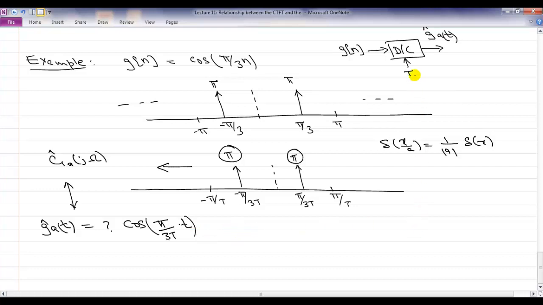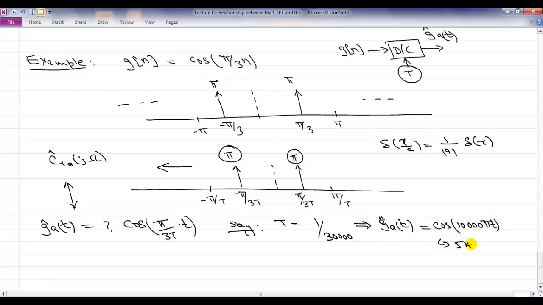Depending upon what t I selected, using the same sequence, I will generate different outputs. So let's say if my capital T was 1 by 30,000, then my G hat A of t is cosine of 10,000 pi t, or it's a 5 kilohertz cosine.